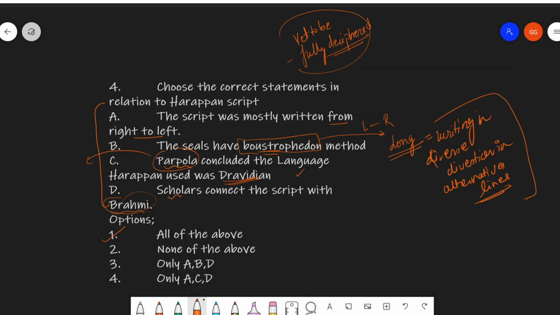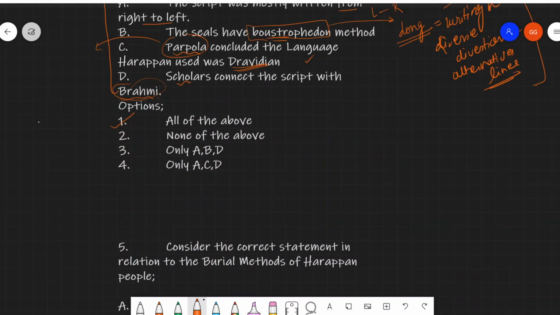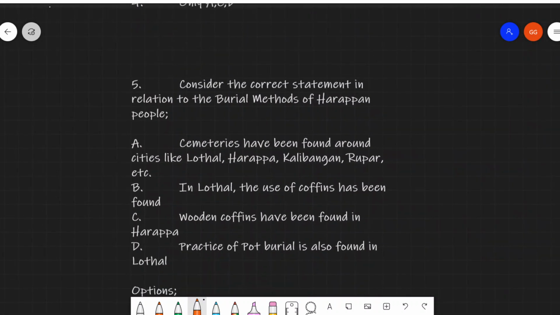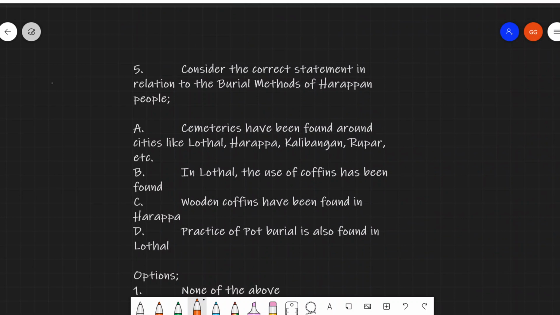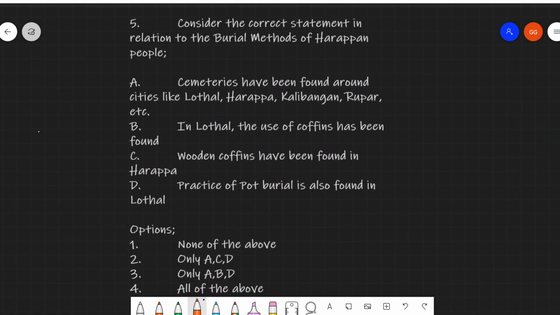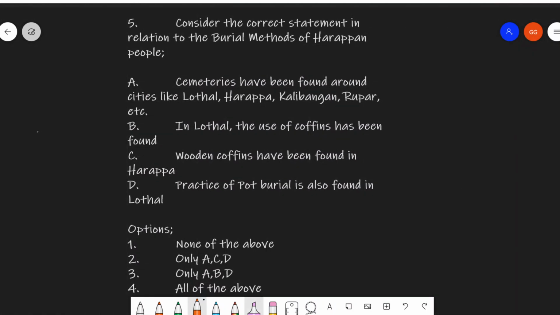Let's get to the last question today. Consider the correct statements in relation to the burial methods of Harappan people. Now we are asked about the burial method. The first statement is, cemeteries have been found around cities like Lothal, Harappa, Kalibangan, Rupar, etc. Second is, in Lothal, the use of coffins has been found.